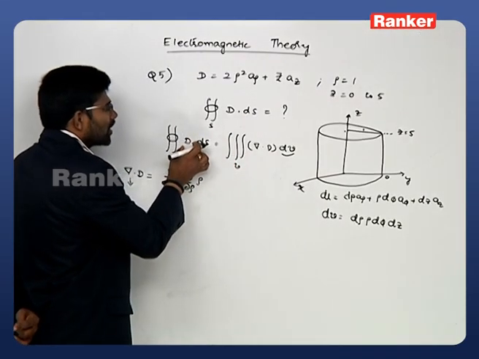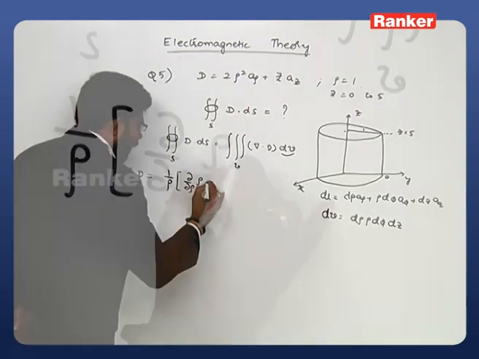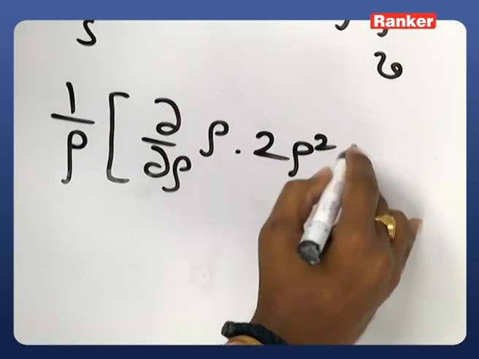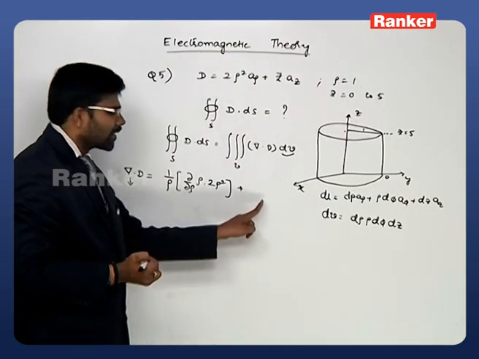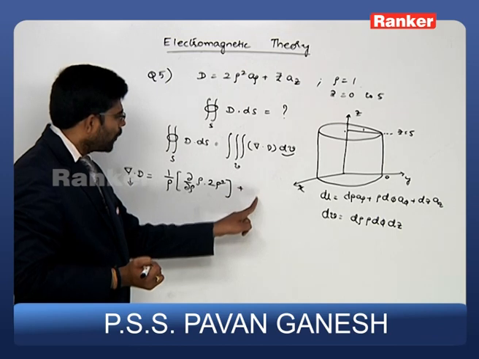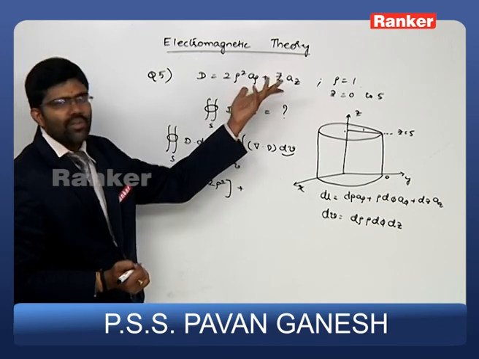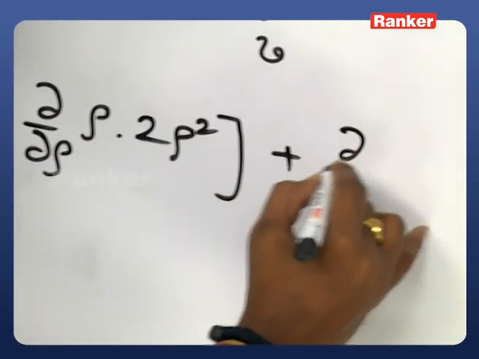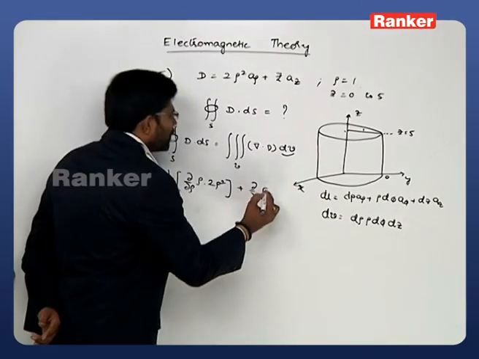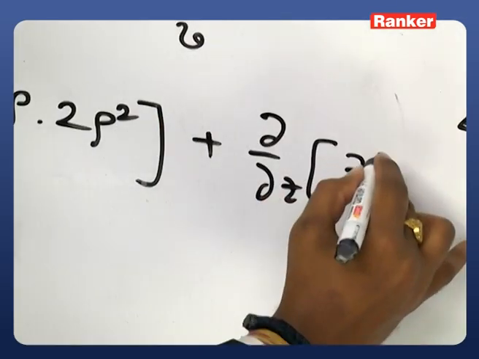A rho here is 2 rho square, so the term is rho times 2 rho square. Plus dou by dou phi of A phi. A phi is not there, so directly neglect that one. No problem. The next one is dou by dou z of our z component, which is z.